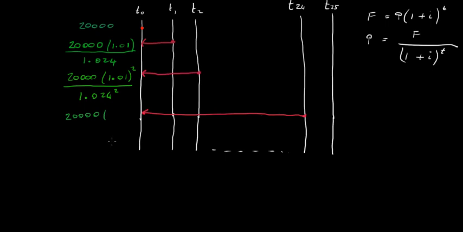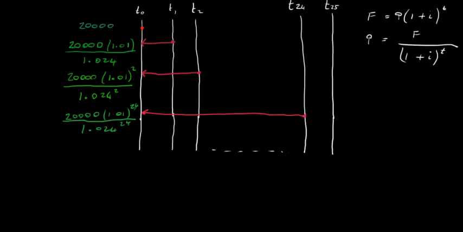How much has that increased by at this stage? Well, each year it's increased by whatever this number is on the timeline. So this is 1.01 to the power of 1. This is 1.01 to the power of 2. So this must be 1.01 to the power of 24 at this stage. All divided by, again, 1.024, this time to the power of 24.